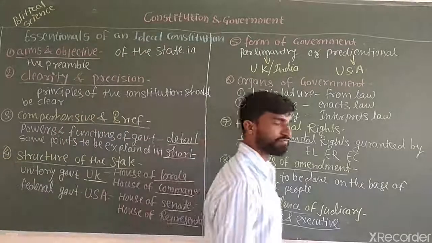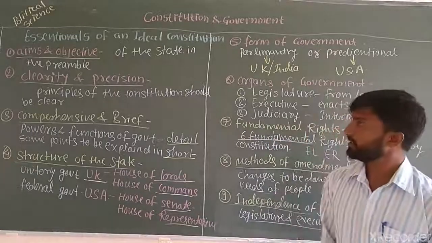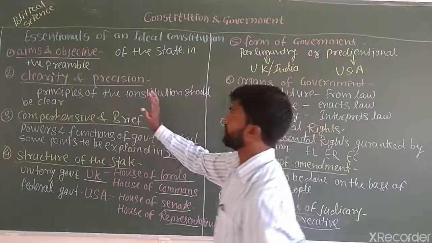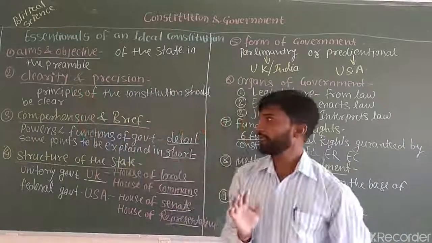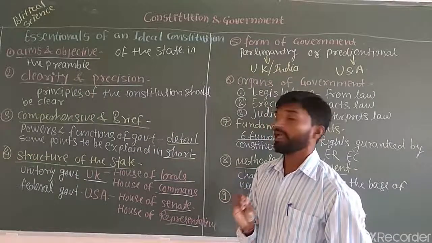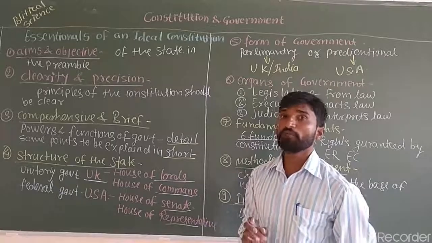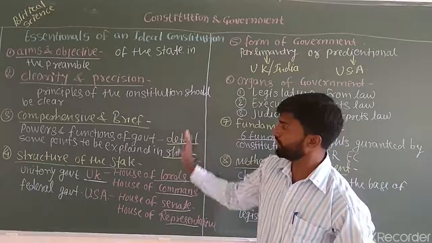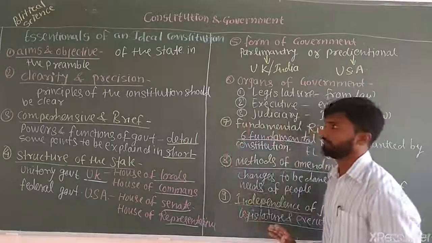Okay, independence of judiciary. So students, in brief, this is about the essentials. If the question comes for 5 marks, you have to explain minimum 5 points. If the question comes for 10 marks, you have to explain minimum 7 points from these 9.